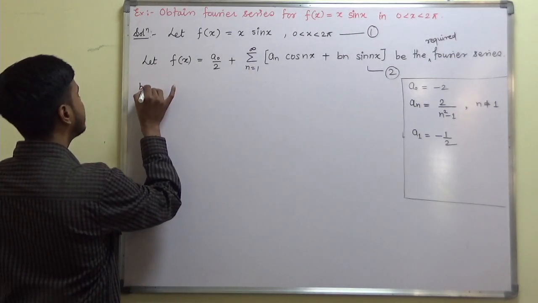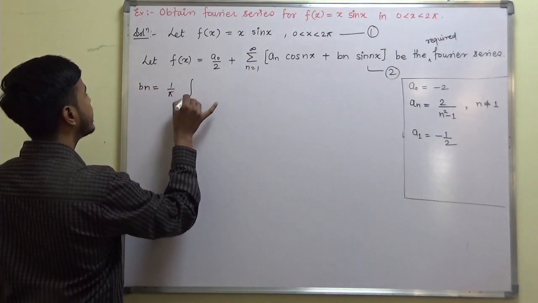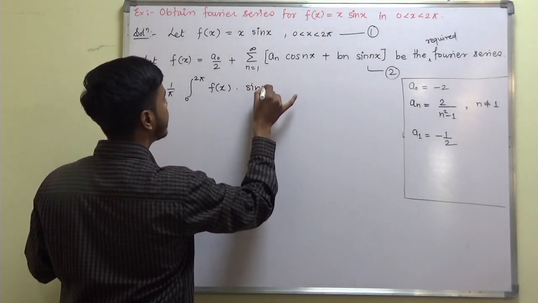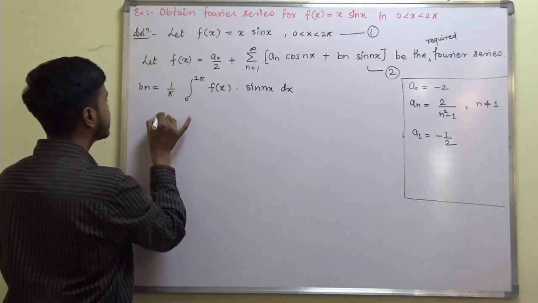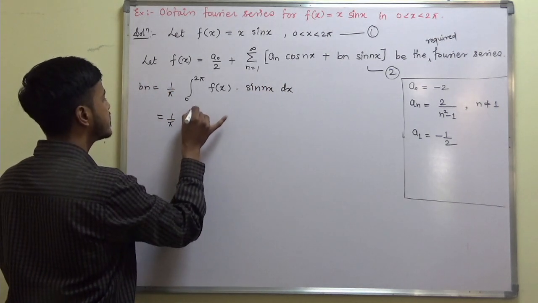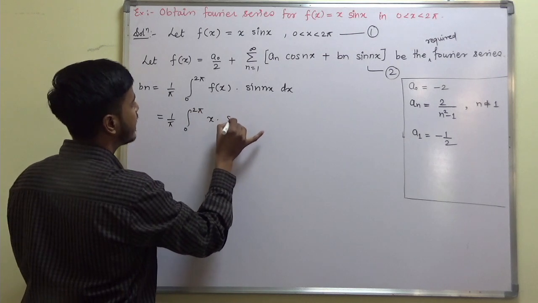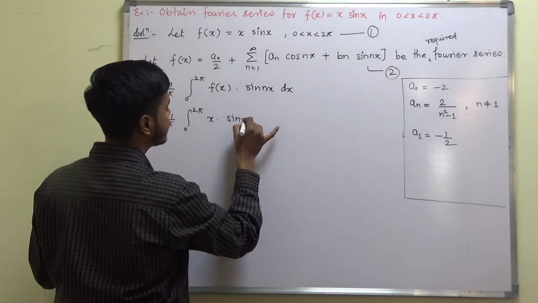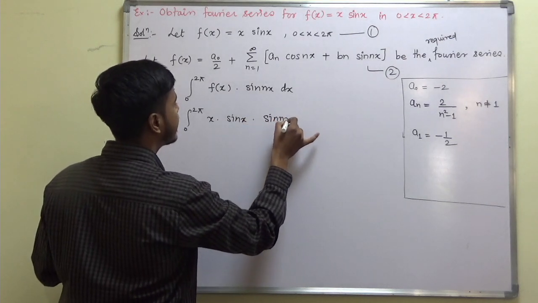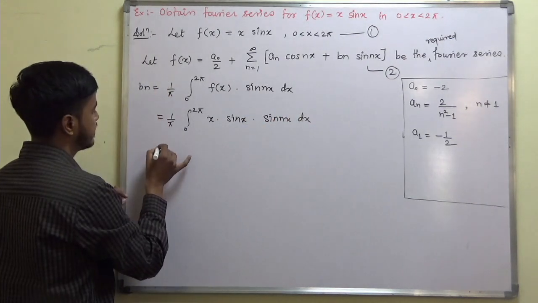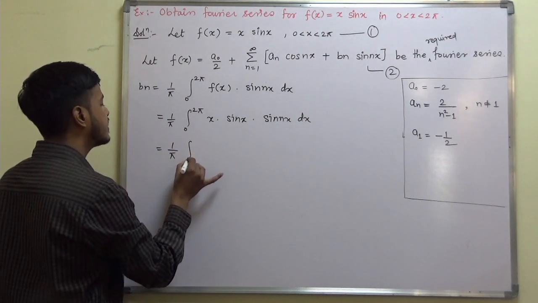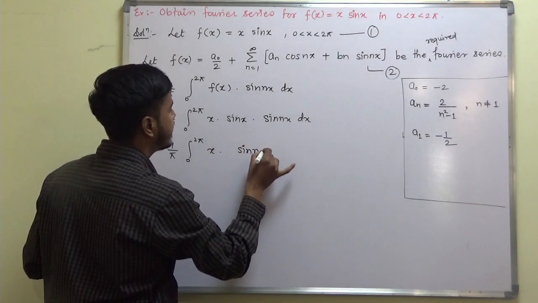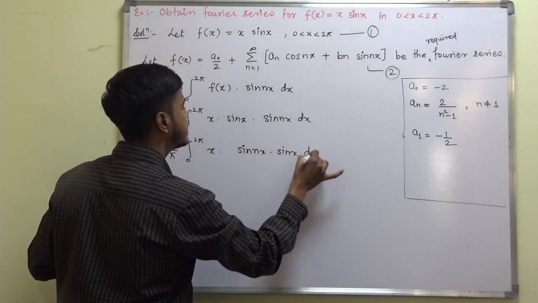So what is Bn? Bn is equal to 1 by pi integration 0 to 2 pi f of x into sine nx dx. So this is 1 by pi integration 0 to 2 pi. What is f of x? X into sine x, into sine nx dx. You can write 1 by pi integration 0 to 2 pi x into sine nx into sine x dx.